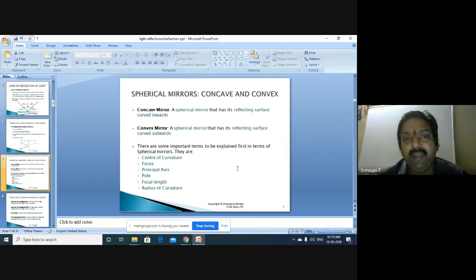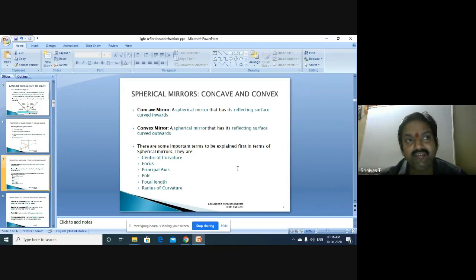Once we complete plane mirror, we have spherical mirrors. Spherical mirrors are of two types, concave and convex. So within a spherical mirror, we can have both concave and convex, depending on the reflecting surface and coating. If you see a concave mirror, it's a spherical mirror that has its reflecting surface curved inwards.